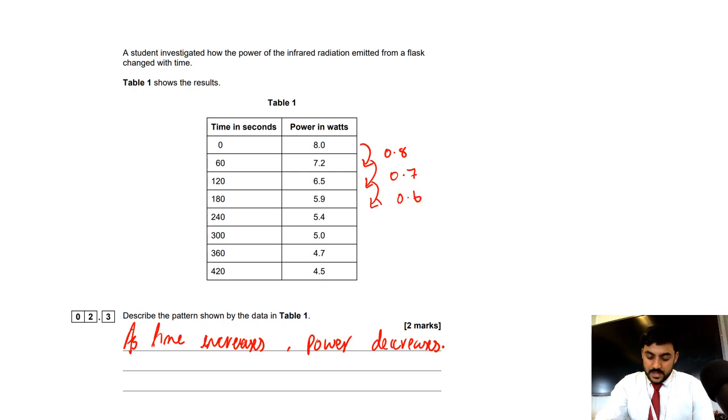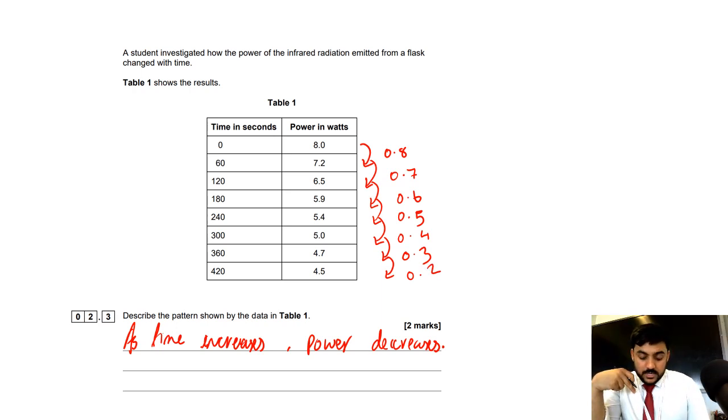From that to that is a decrease of 0.5. That to that is 0.4. That to that is 0.3. That to that is 0.2. So clearly, as time increases, the rate at which the power decreases is going down.